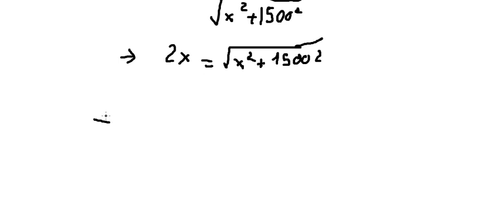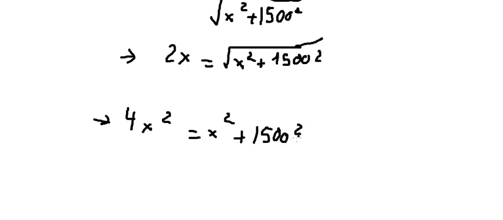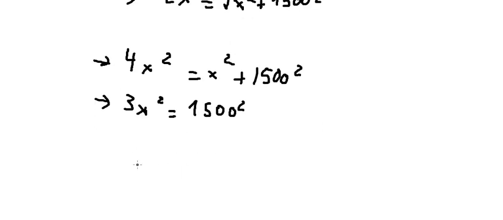We put the power of 2 on both sides to cancel the square root. For s square minus s square, we have 3s square, so we divide both sides by 3.